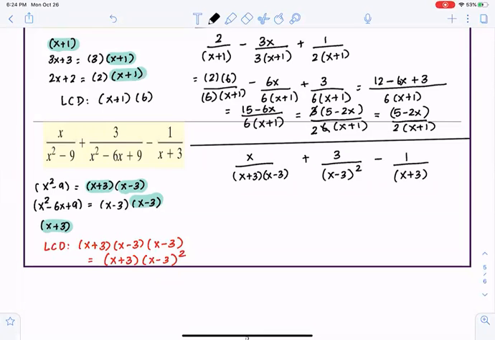I'm missing x minus 3, so I multiply and divide by x minus 3. So since I have x minus 3 already, when I multiply by x minus 3, I end up getting x minus 3 squared. In the second denominator, I have x minus 3 in parentheses squared. I'm missing x plus 3, so I'm going to multiply and divide by x plus 3.